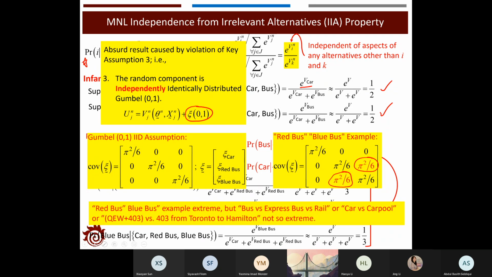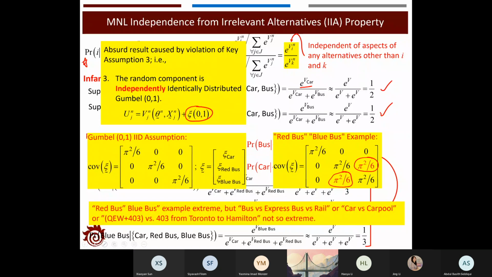Also, the red bus and the blue bus are some extreme examples, but in reality there will be a lot of other examples that are not that extreme. For example, for public transit mode selection, you will have the options of the bus, the express bus, and the rail.